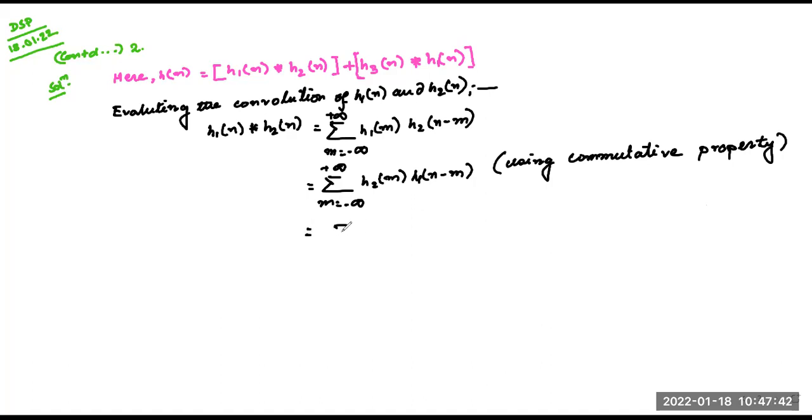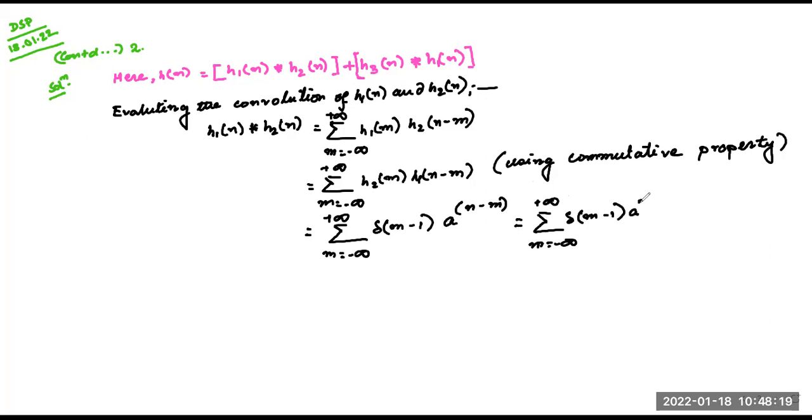So that is a summation of m equals minus infinity to plus infinity delta m minus 1 into a to the power n minus m. So that is equals to summation of m equals minus infinity to plus infinity delta m minus 1 into a to the power n a to the power minus m.